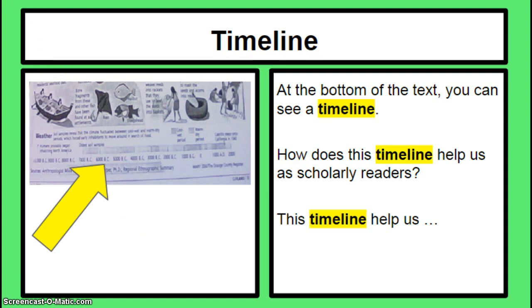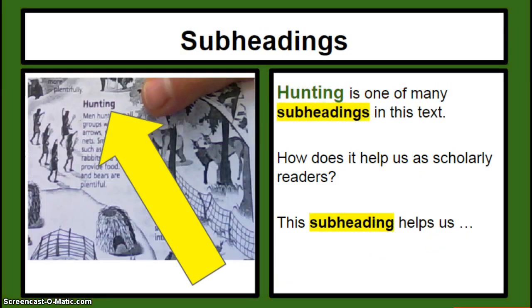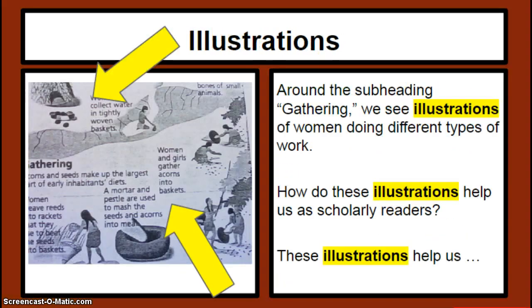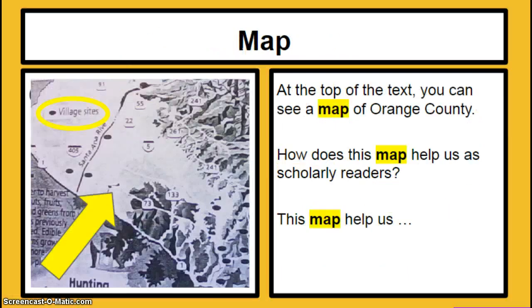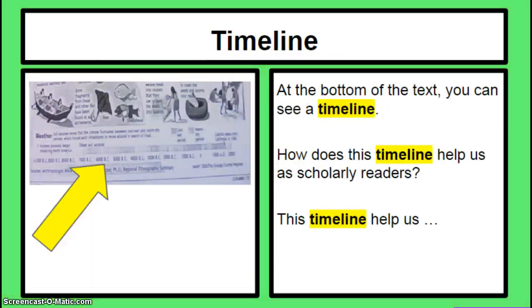Okay, welcome back. All right, can you name them all? What were the 6 different text features that help us as readers when we want to locate specific information? Okay, let's try to name them in order. Ready? Go. Headings, subheadings, illustrations, captions, maps, and timelines.